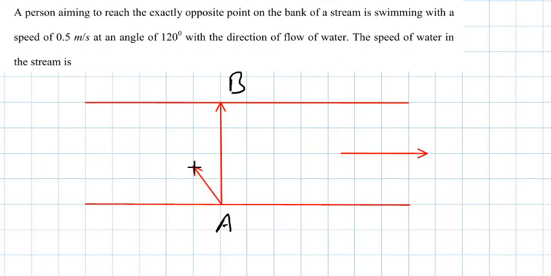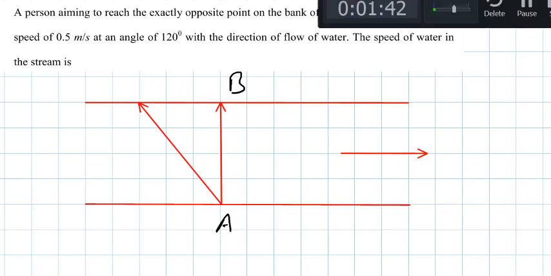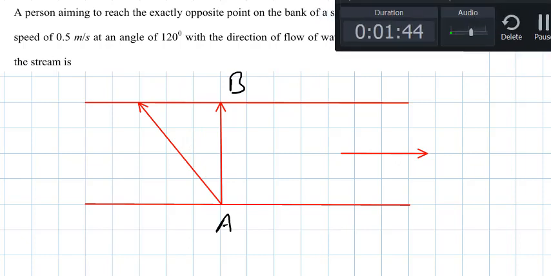Assume that he goes in this direction. That velocity has got two components. Which are those two components? One component is along the flow and the other one is perpendicular to the flow. That means this velocity has one component in this direction and one component in this direction.